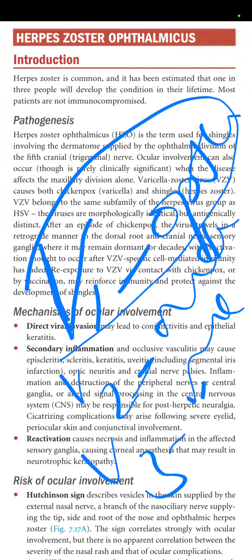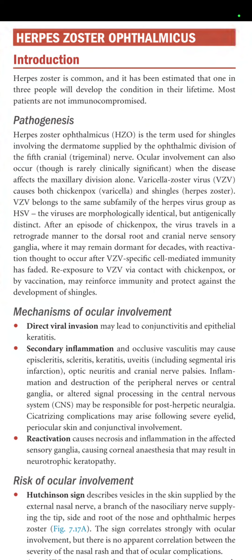When the virus affects this dermatome, it is called herpes zoster ophthalmicus. Ocular involvement can also occur, although it is rarely clinically significant when the disease affects the maxillary division alone. So in case of the maxillary division, there is some ocular involvement, but it is not very significant.